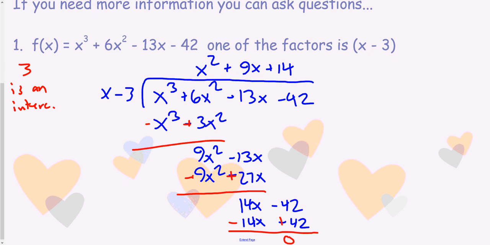Can that be written in factored form? Yes, we have a process to break out factors. That process is: what adds to 9 and multiplies to 14? x plus 7, and x plus 2.